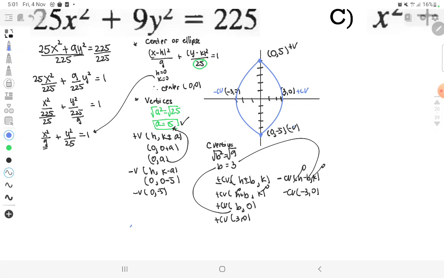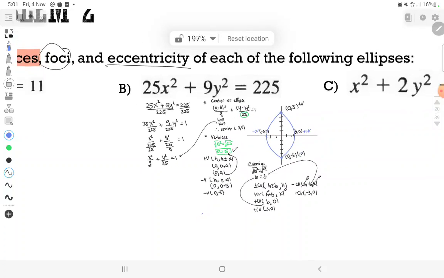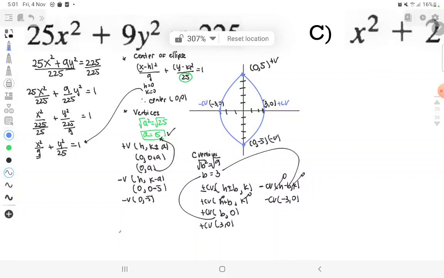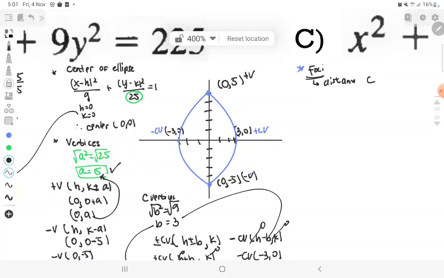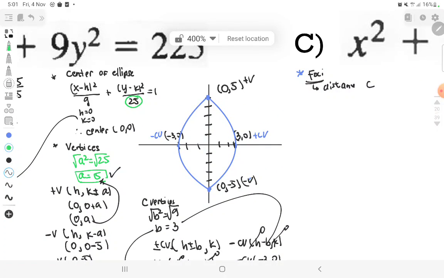Next is of course my foci. So solving for foci. What is my foci? Take note that our foci is our distance c, right? This is our fixed point. So our distance c from the center.